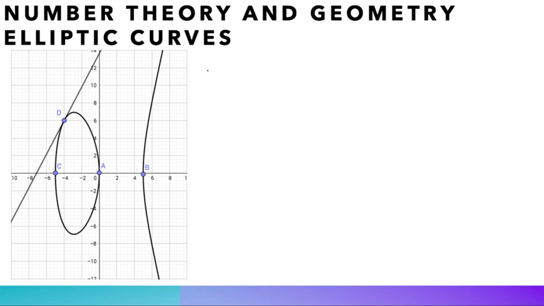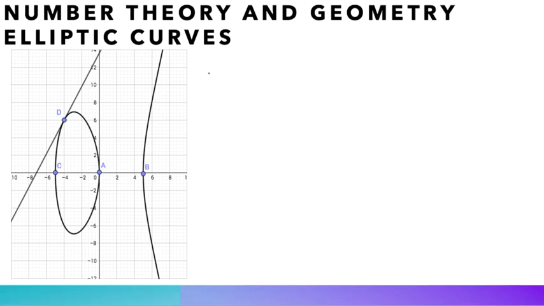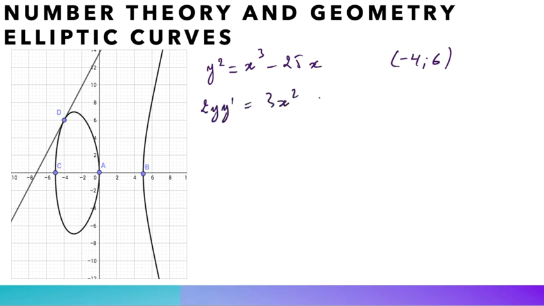I will use here a technique from calculus to determine the equation of our tangent line, but if you do not know what this is all about, do not worry because I'll do a crash course on it. Let me remind you that the equation of our elliptic curve is y squared equals x cubed minus 25x, and that we're looking for the tangent line passing through the point minus 4, 6. Implicit differentiation yields that 2y y prime is equal to 3x squared minus 25, which yields that y prime is equal to (3x squared minus 25) all divided by 2y.